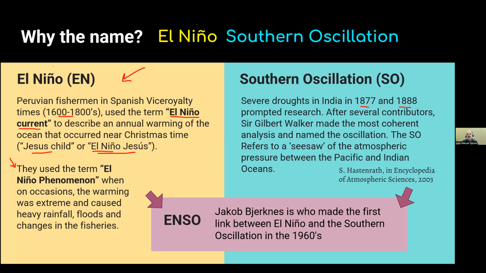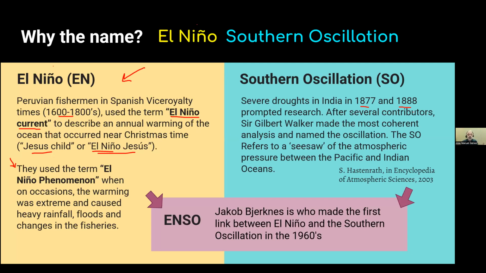He called it the Southern Oscillation because he realized that whenever there were droughts in India, that was related to a change of pressures between Australia and the Southern Pacific. That's why it's the Southern Oscillation, because the stations that showed this seesaw difference in pressures were both located in the South Hemisphere.